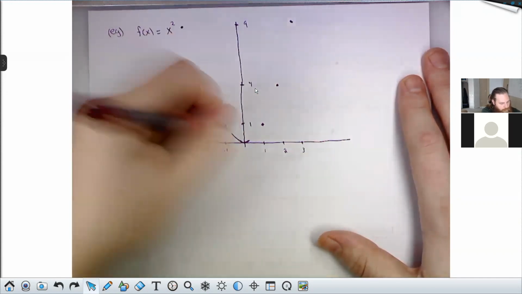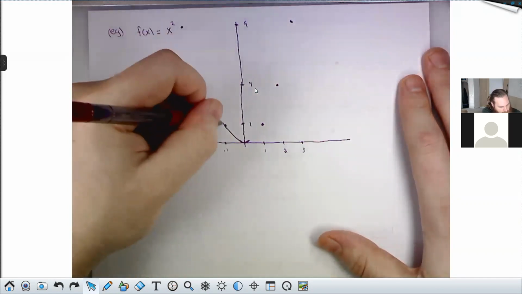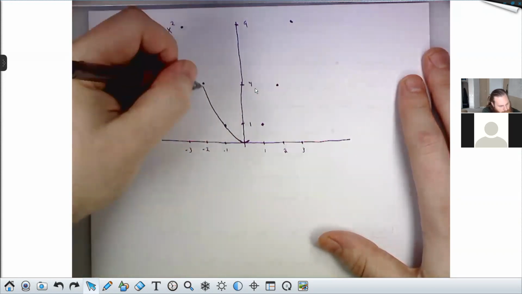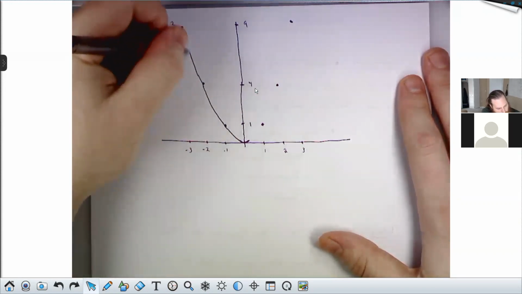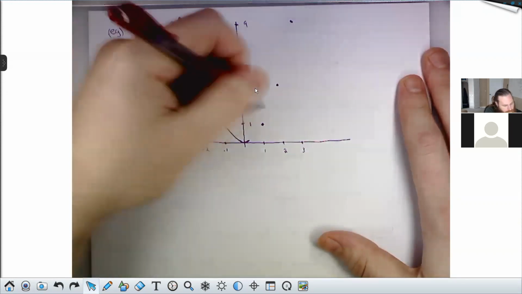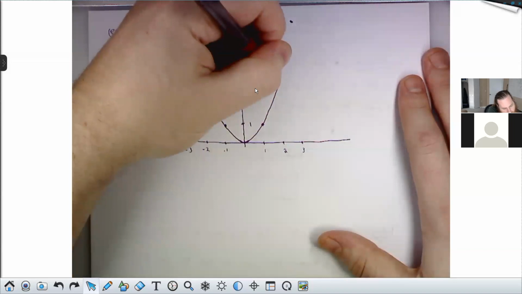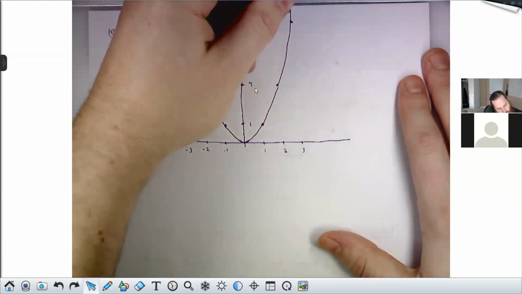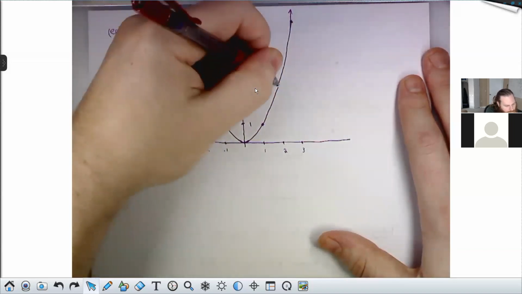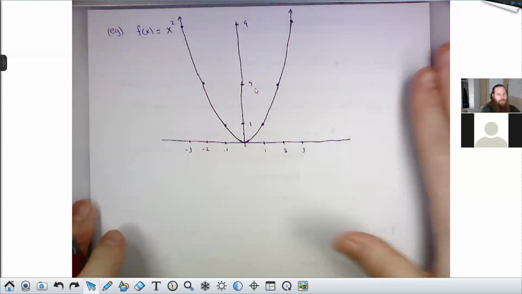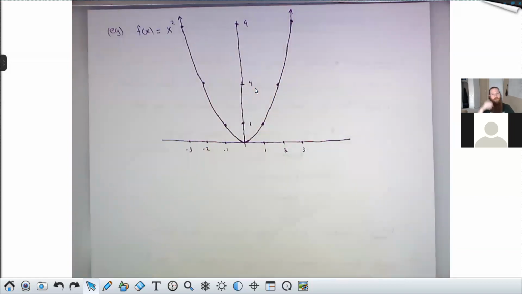So my curve here, this is a parabola. We know what these look like. They look like this. What I want to do is at each of those points, get in there and approximate the slope of the tangent line.